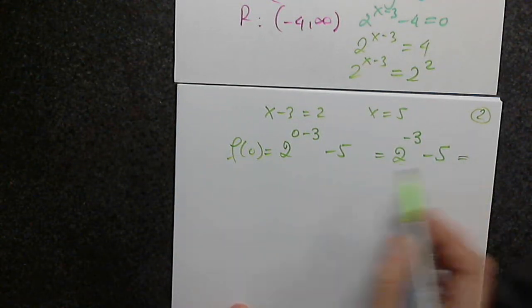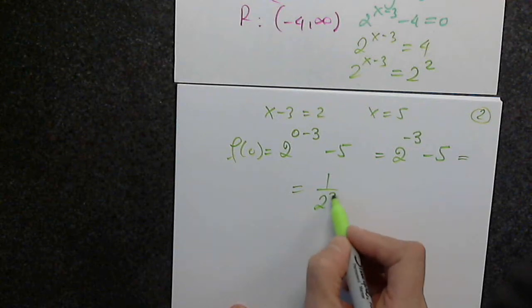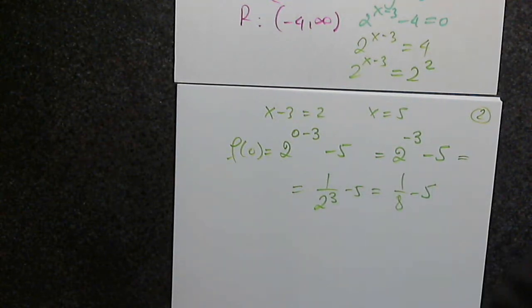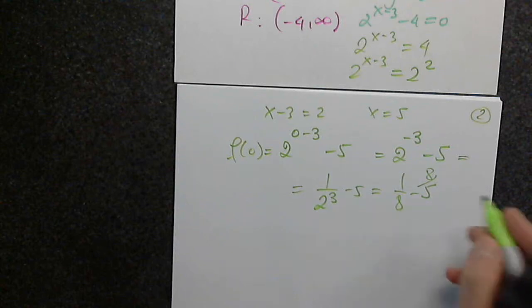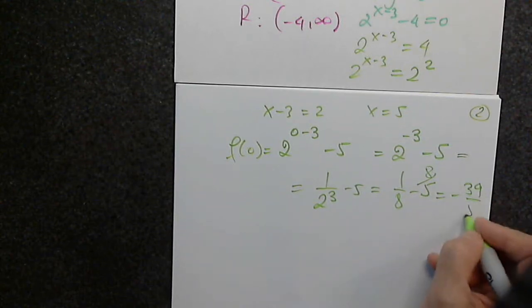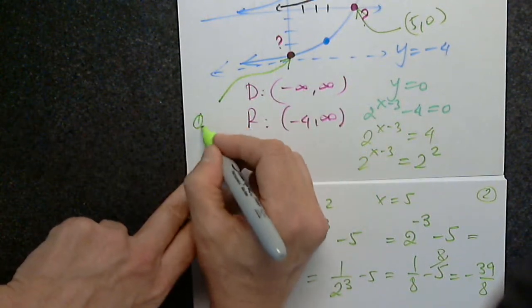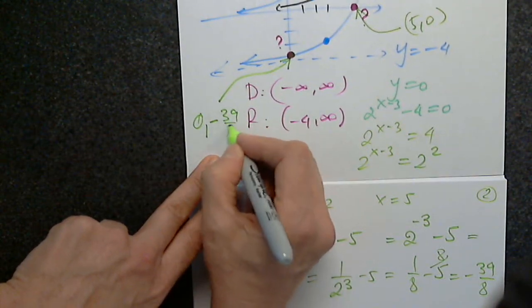But 2 raised to -3, we know it's 1 over 2 cubed, which is 1 over 8, minus 4. We have to multiply this by 8, so 1 minus 32 will be -31 over 8. So therefore, this point is (0, -31/8).